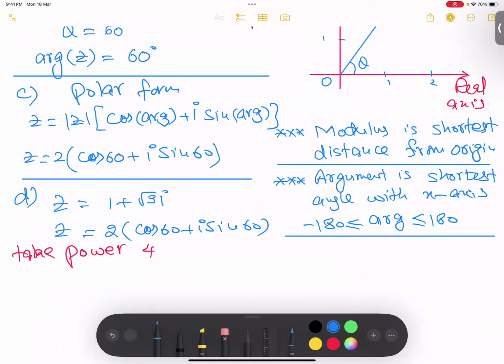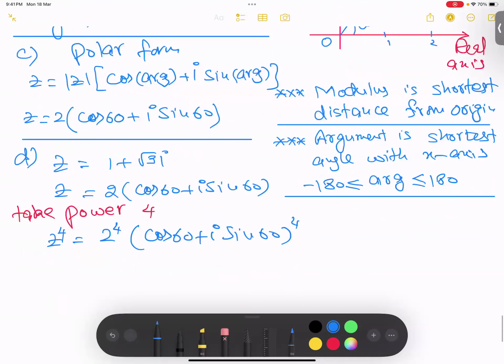When I take power 4 of both sides, here I get 2 to the power 4 and the whole bracket also to the power 4. It's very common sense, nothing hard to understand here. But now I'm applying a new property called DeMoivre's rule.